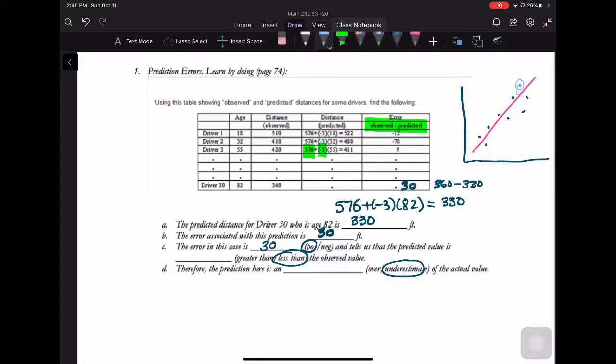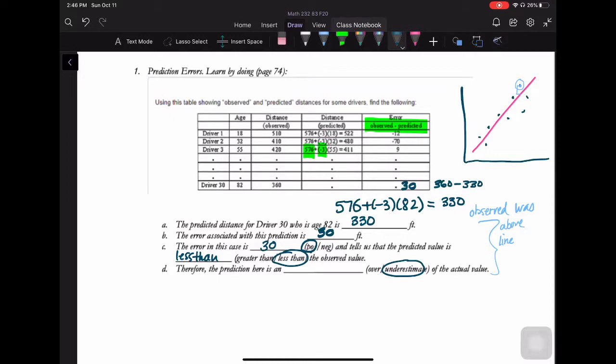So this means that for this scenario, my observed value was above my predicted line. And that means that the predicted value is below it, so it's less than the observed value. And because the prediction is below the line, it's an underestimate of the actual value.